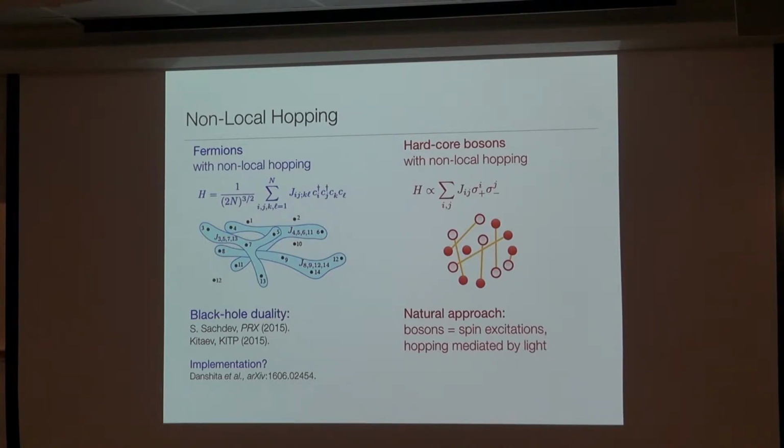This looks like a model of hardcore bosons, hardcore because two of them can't occupy the same site. But in contrast with massive particles, we might be able to use photons to generate a non-local hopping of spin excitations.